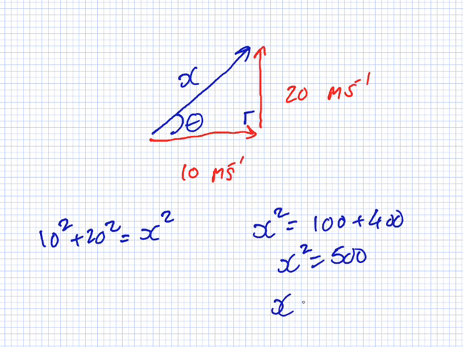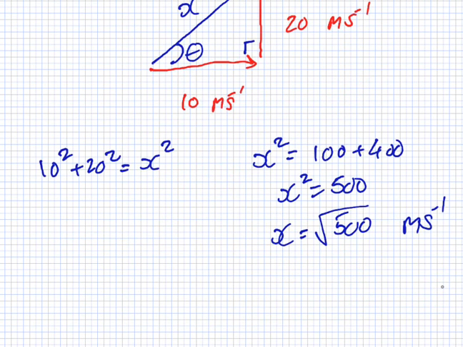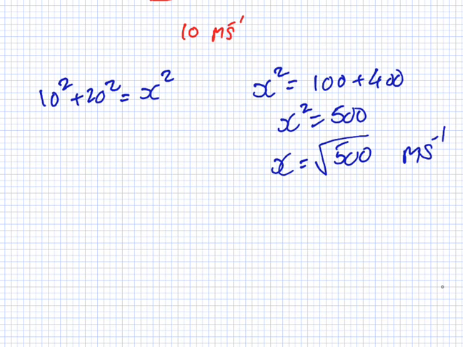So x is equal to the square root of 500 meters per second, which is about 22.3 meters per second. Okay.